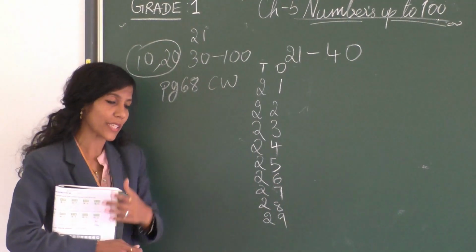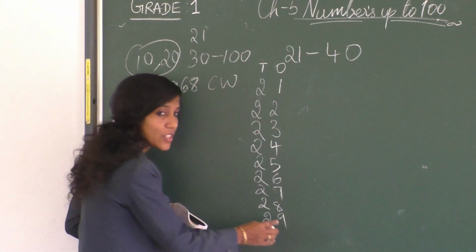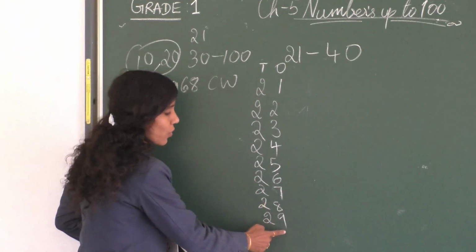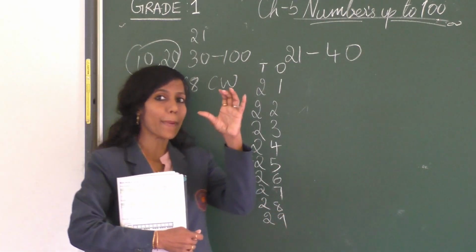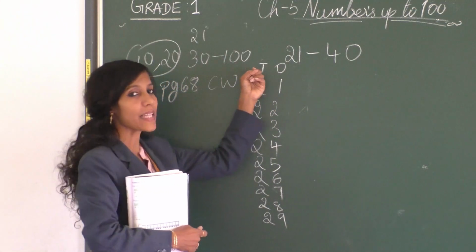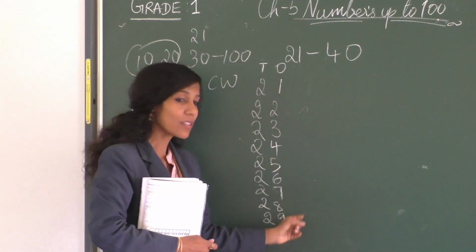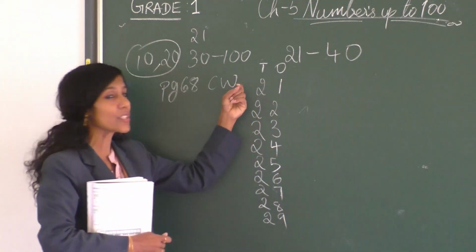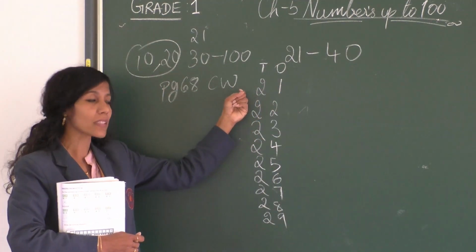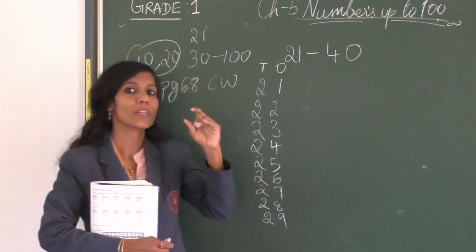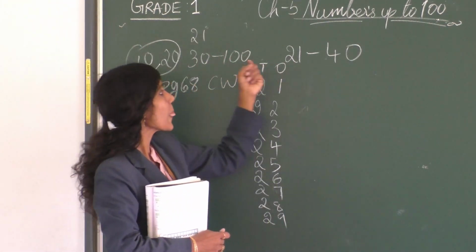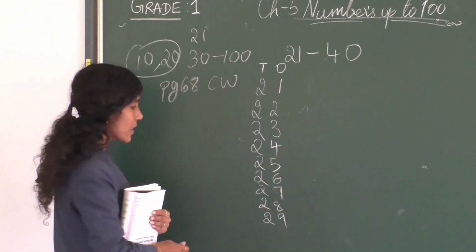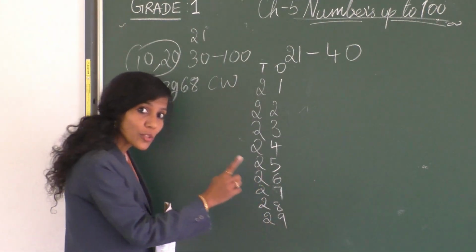When the ones reach 10, we shift it as a bundle of tens. When ones reach a point of 10, we change it to the next denomination, tens. From ones we change it to tens. So here 9, this was going to be the 10th.